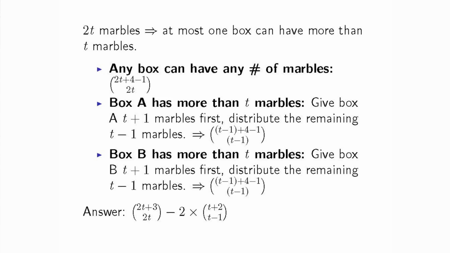We get a final answer, 2T plus 3 choose 2T, minus 2 times T plus 2 choose T minus 1. So is everyone okay with this? Sadly, there is a typo in my answer.